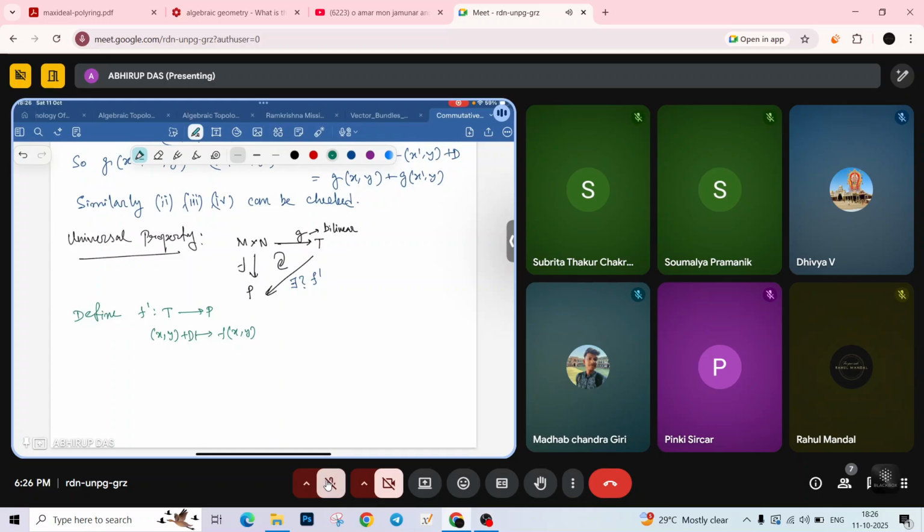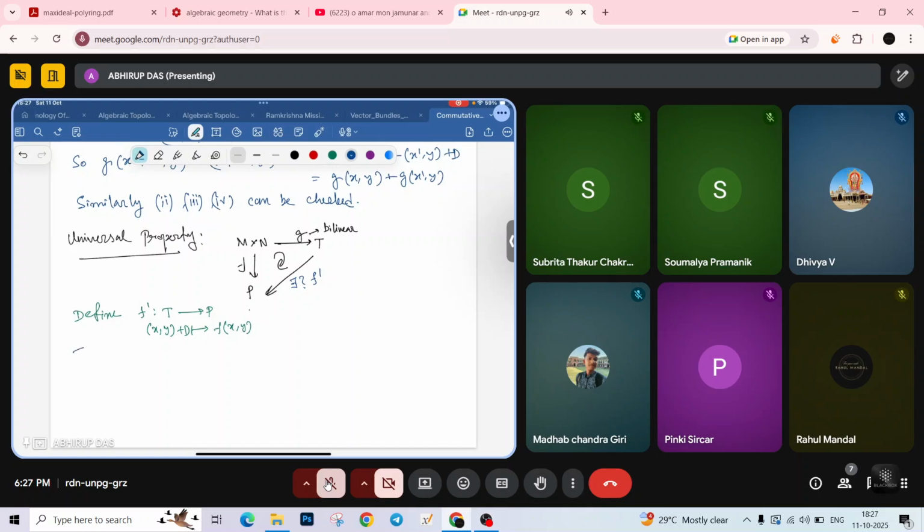But you see, f prime has to be linear, right? Is f prime linear? Yes. But first we'll have to check whether f prime is well defined or not.